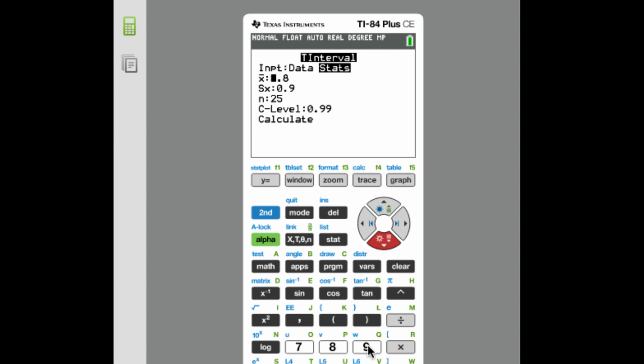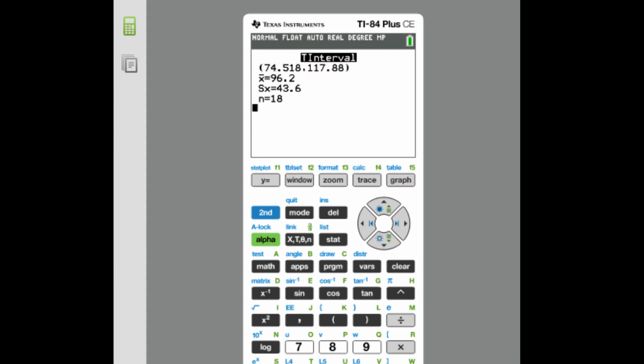The mean is 96.2. The standard deviation from the sample is 43.6. The sample size is 18. The confidence level is 95. Calculate this.